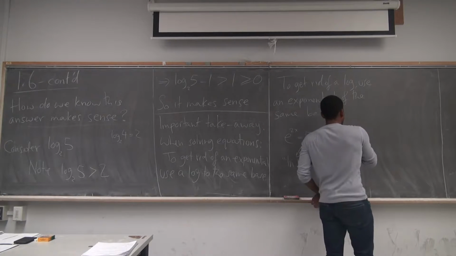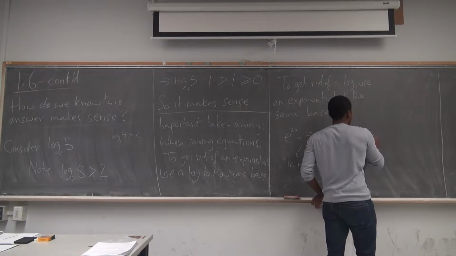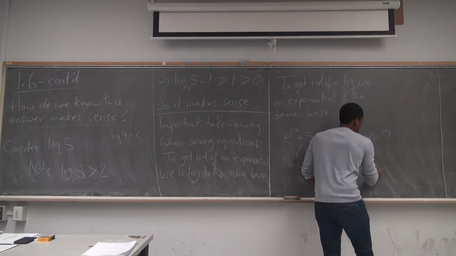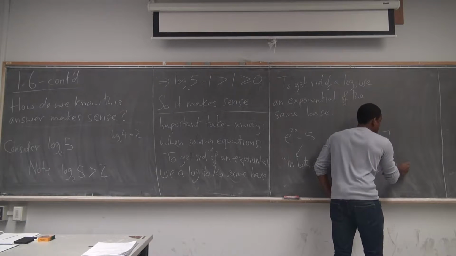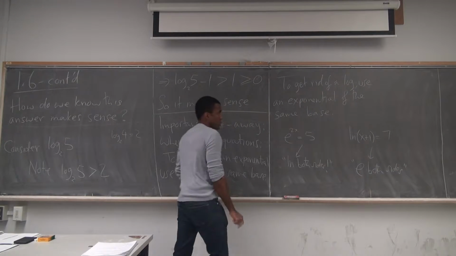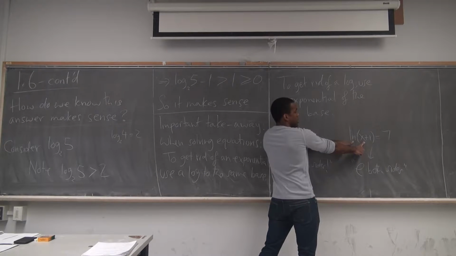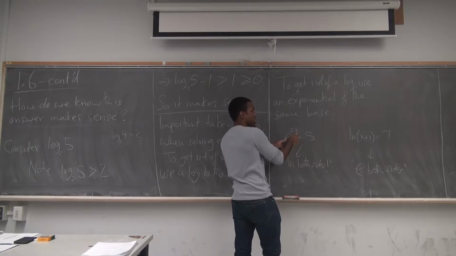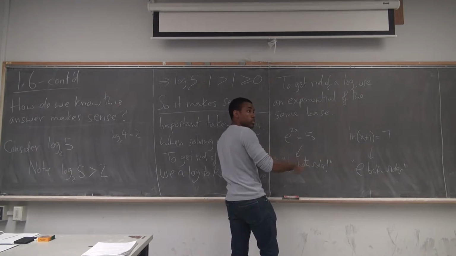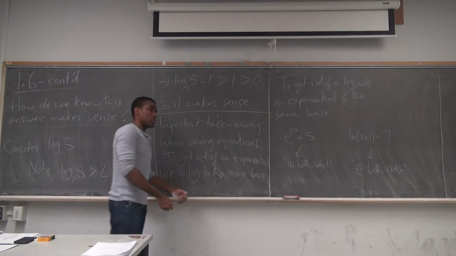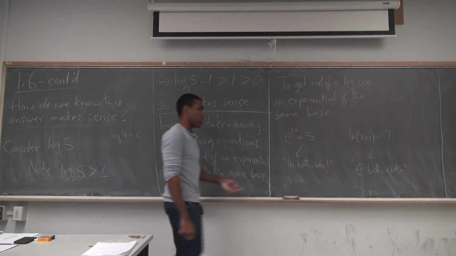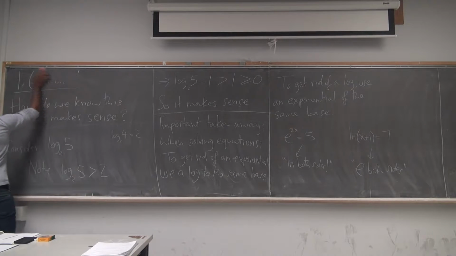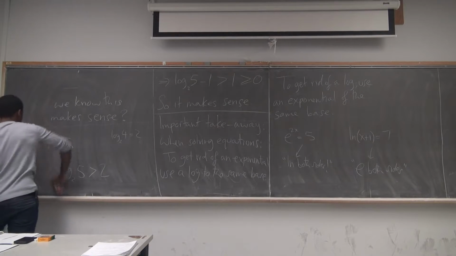Or if I see ln of x plus 1 equals 7, here I would e both sides. I want to solve for that x, I need to get it outside of the ln, so exponentiate both sides. If I have an exponential, I don't want the x in the exponential, so ln both sides. So logs get rid of exponentials and exponentials get rid of logs. That's what laws 8 and 9 were about. So if you're solving equations and you want to kill one or the other, use the opposite.